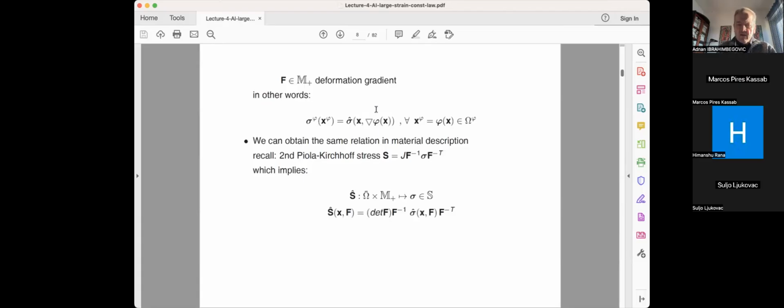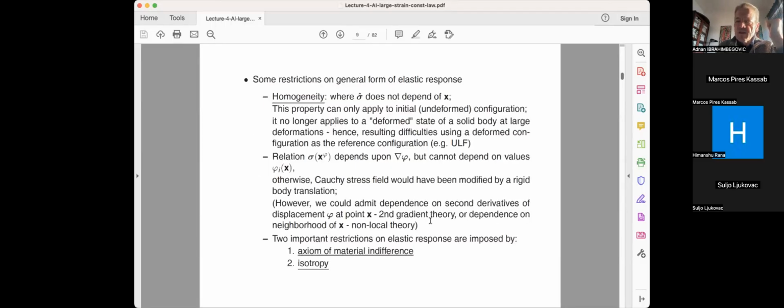This sigma could also be expressed in terms of the second Piola-Kirchhoff stress, in which case I need the function S, which could be a function of x and F. The connection between the two functions is always possible to establish given the connection between the true stress sigma and the second Piola-Kirchhoff stress S. It goes through the determinant of F, F inverse, F inverse transpose, and so on and so forth.